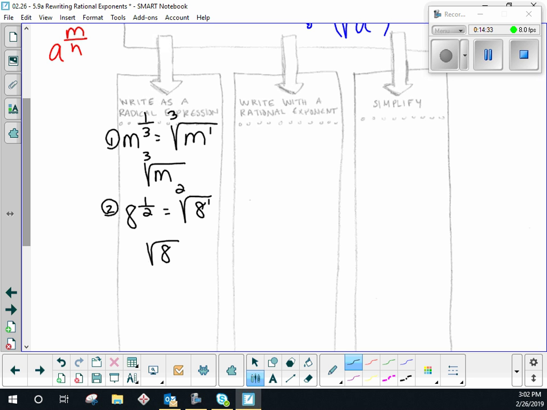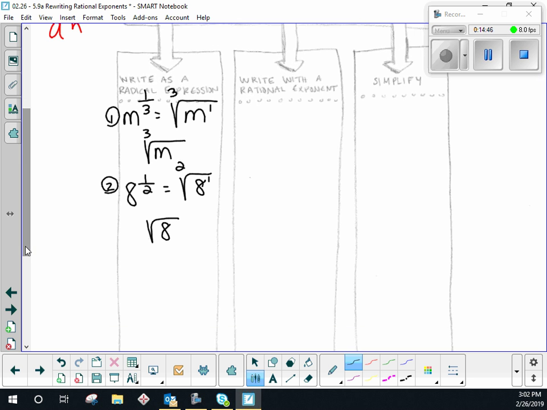You can write them, it's fine. A power of 1 is the only power you don't have to write, and a root of 2 is the only root you don't have to write. Okay? And so it's fine to write this one with the 1 and the 2. My concern is that if you were going the other direction and you just saw the 8, you just saw this form, remember that that's a 2 right there. It's implied.